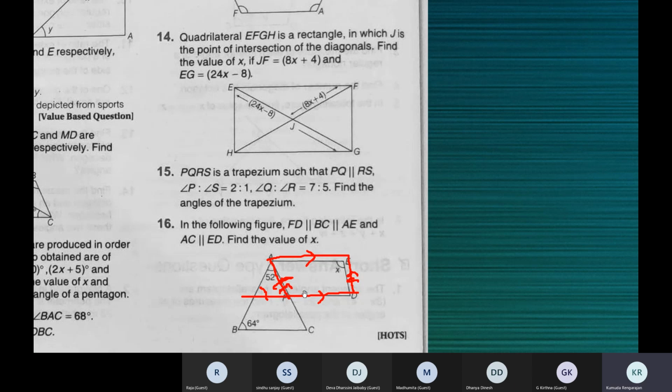So this is the exterior angle, which is equal to the sum of the two interior opposite angles, 64 plus 52, so 116. Now in this parallelogram, this angle is 116. So its opposite angle will also be 116, because in a parallelogram, opposite angles are equal. So x is equal to 116.